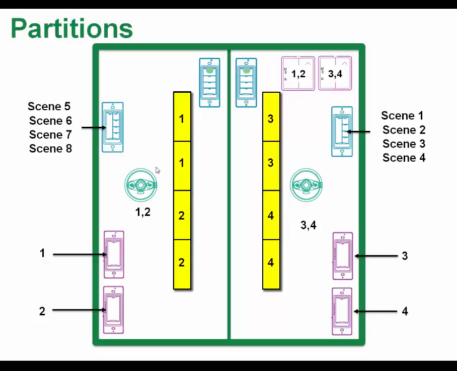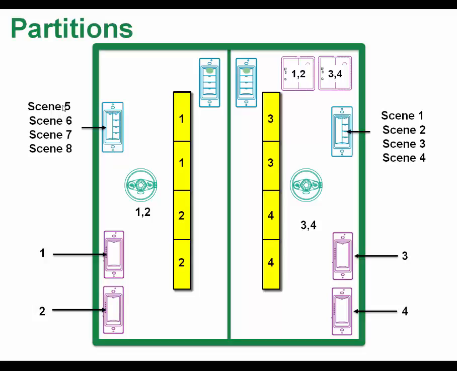So this dimmer now just does the top half. This button now just does the bottom half. This aux sensor now, since we've closed the partition, only controls loads 3 and 4. This one does 1 and 2. And now we've got 16 different scenes, and we're going to use scenes 1 through 4 on this one, and scenes 5 through 8 on this one.